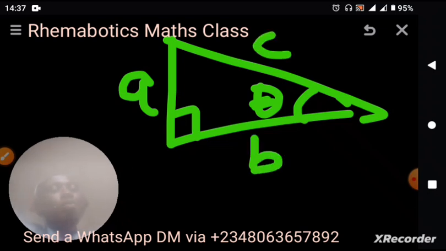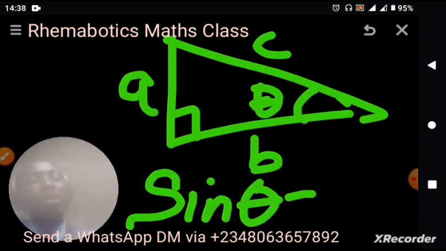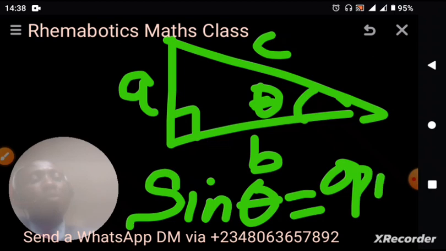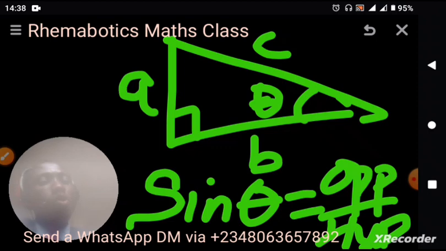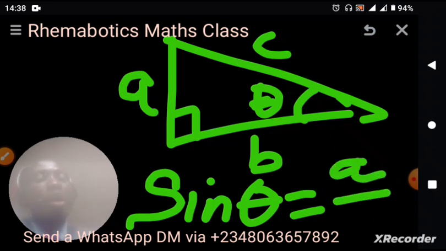Let's apply the SOHCAHTOA. The first one is sine. Sine theta is opposite over hypotenuse. Our opposite side is A, while our hypotenuse side, which is the longest side, is C.